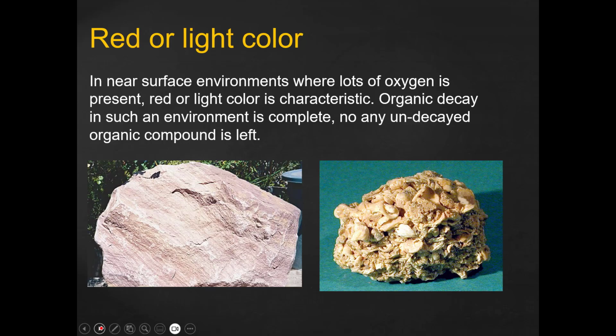There are no undecayed organics present, and therefore the oxygen will make the rocks reddish, light, yellowish, and the reddish color always means that there is iron, like hematite or limonite, which is also iron oxide, present in the rocks.